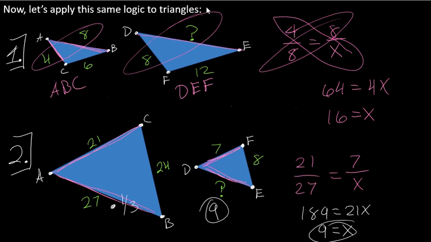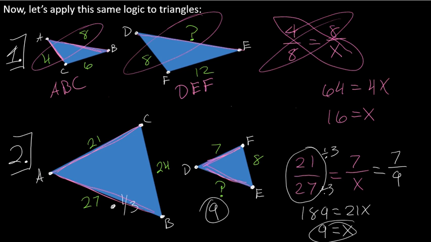Now, let's talk about what I wanted to do. I could reduce this fraction down by 3, right? This would give me 7 over 9.